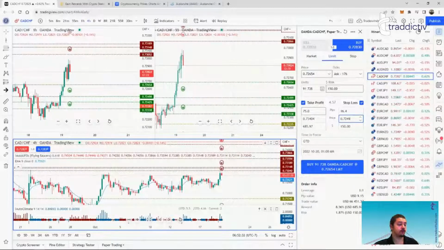And when we're putting our stop here, we're going to take away 5 pips, so this will be 21 here.